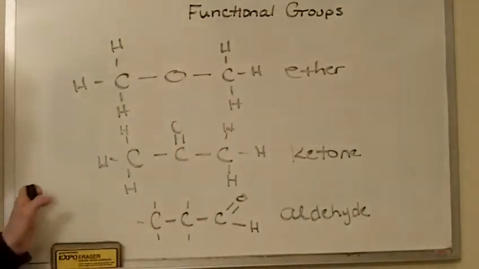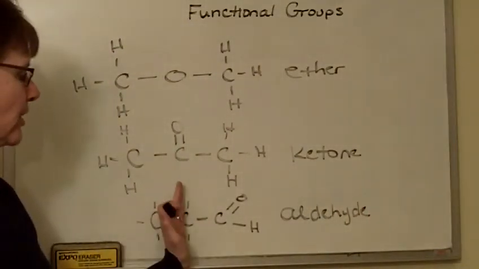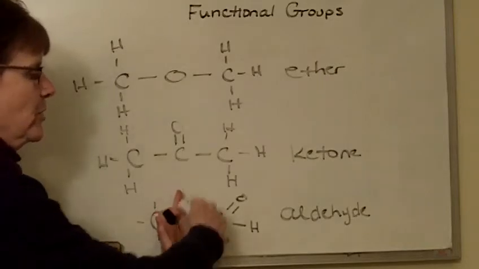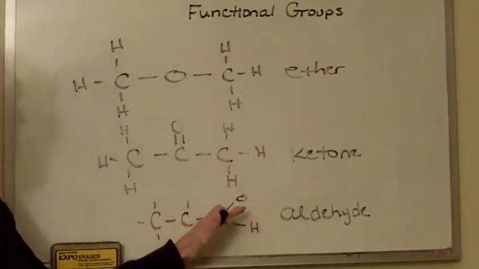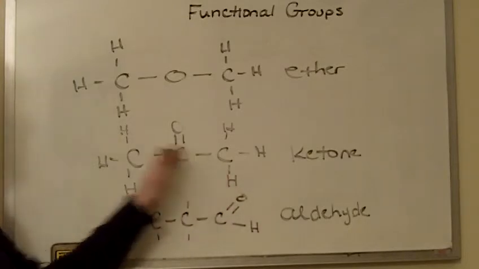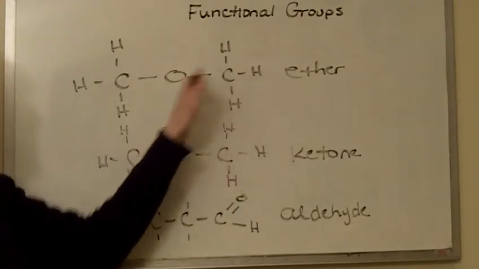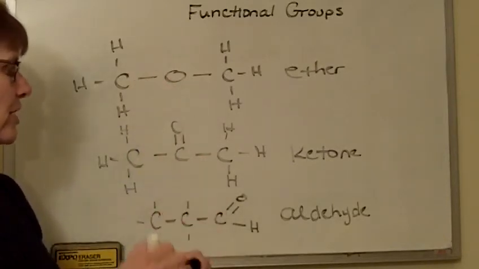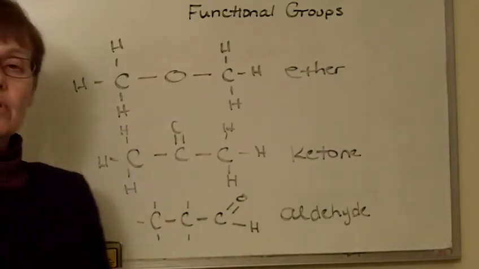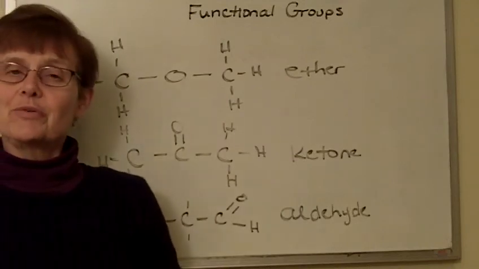And so again, you can put any number of carbons that you want, or you can actually just put a hydrogen there, but it's this group right here that makes it an aldehyde. So an aldehyde, a ketone is a double bond in the middle of the chain. An ether doesn't have it double bonded, it actually just has the oxygen sitting in the middle of the chain someplace. So those are the functional groups that we will be using this year.